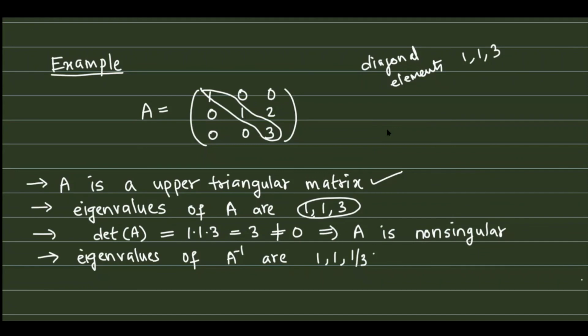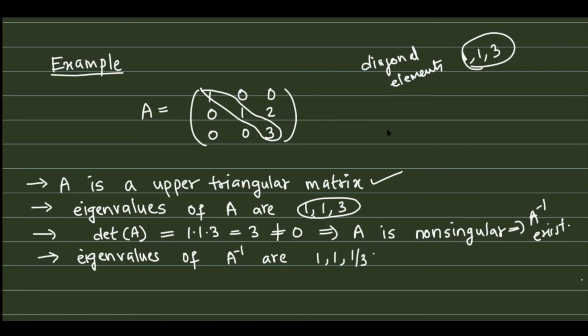Also we know that the determinant of A is the product of the eigenvalues. So the determinant of A in this case will be 1 into 1 into 3, which is 3, a non-zero value, which implies that A is non-singular, since 0 is not an eigenvalue. So A inverse also exists.